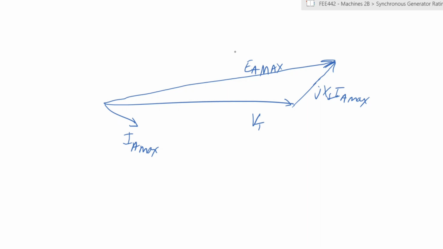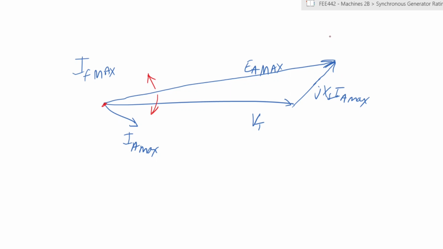And generally, the limit of field current will be reached before the limit of insulation of the machine. So the factor here is the maximum field current that you can have. In this case, let's assume EA max is there. The value of EA max would go along a locus centered on here. The only change you could have is your angle of the phasor itself.